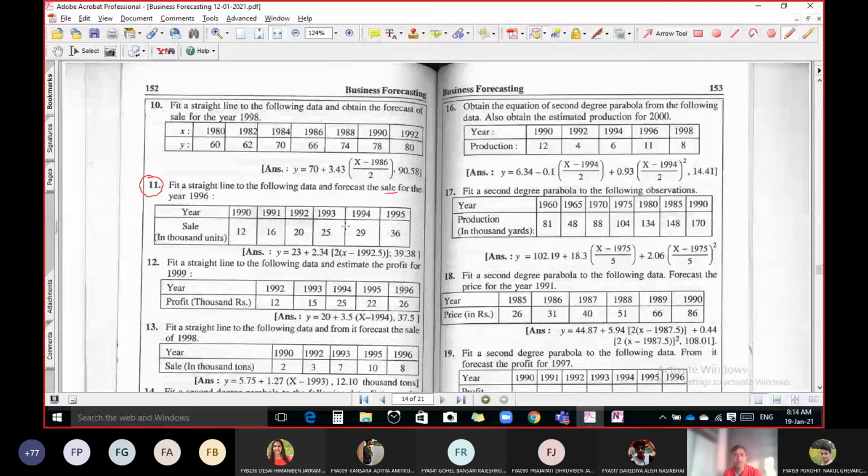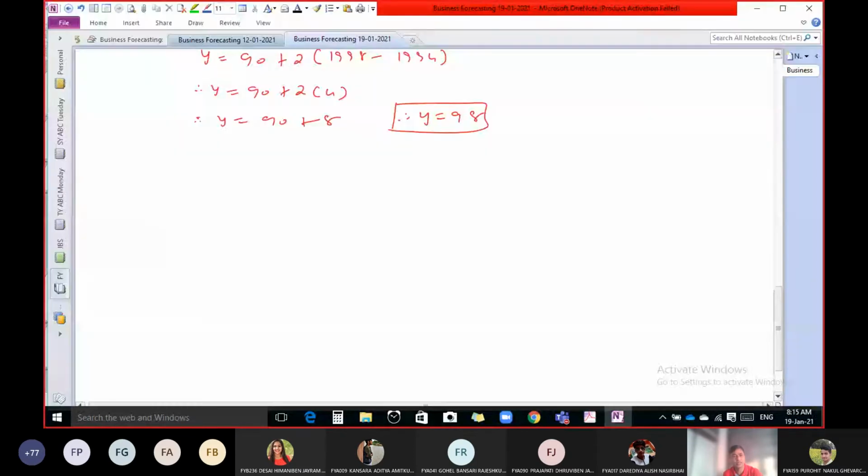So the main thing I need to give you an idea about in this question is how to convert these years into x so that sigma x becomes 0. That is the only main thing in this question. So let us do it. Question number 11.